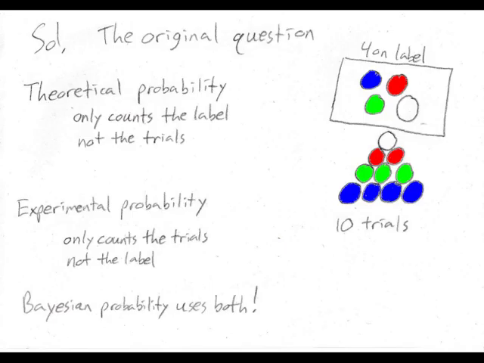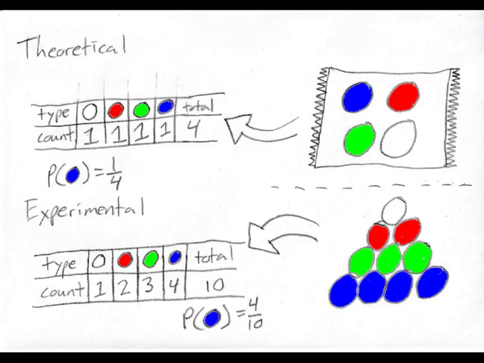Bayesian probability uses both. So the original question had 4 colors on the label, and it actually ran a trial 10 times to get experimental data. For the theoretical probability, you count 1 time for each one of the options on the label, and you're going to get a probability that the next one is blue of 1/4.